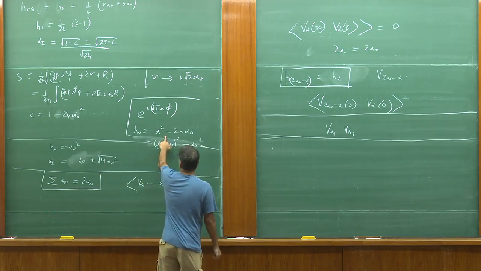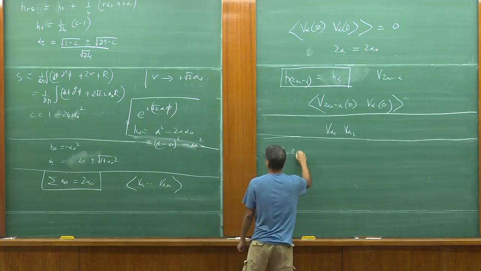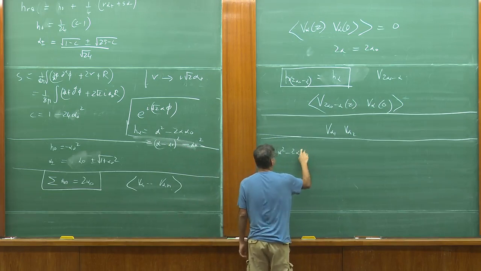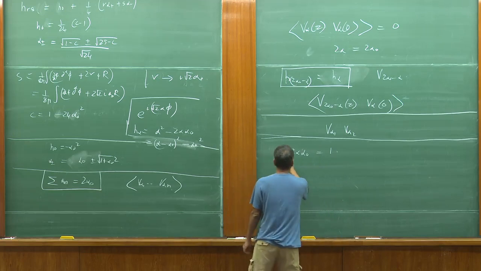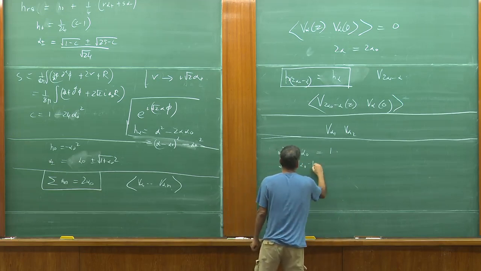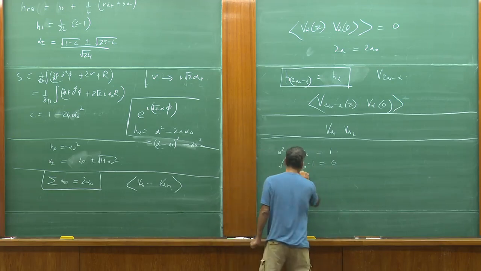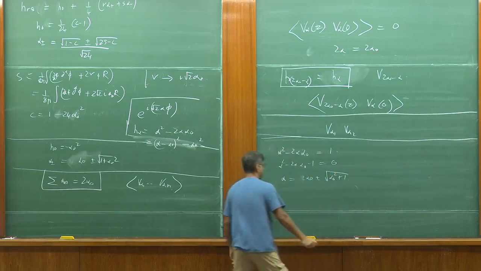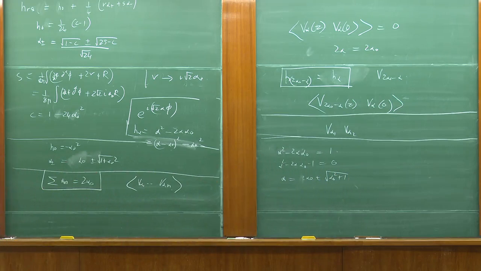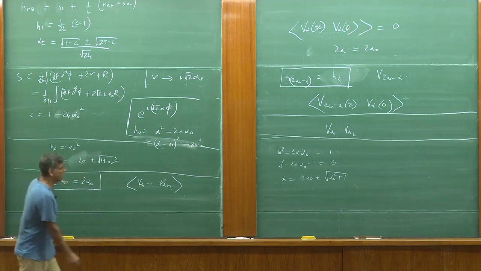I have to do alpha squared minus 2 alpha naught alpha equal to 1. So alpha squared minus 2 alpha naught alpha minus 1 is equal to 0. And therefore alpha is equal to alpha naught plus or minus the square root of alpha naught squared plus 1. Okay, looks familiar? These were alpha plus and minus.